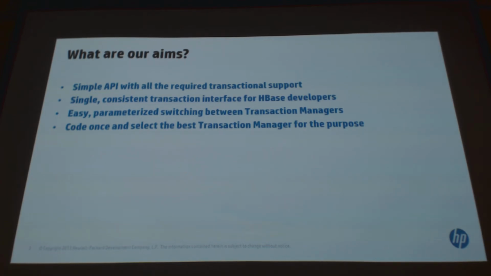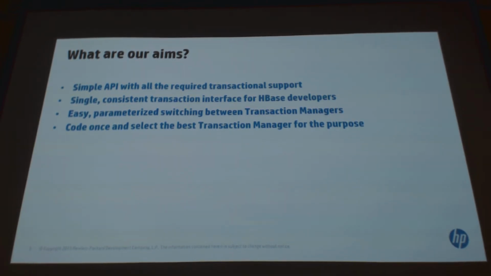So what are we aiming at with this thing? Really, we're trying to produce a simple API that will provide transactional support, fully support transactions, and it needs to be a single consistent transaction interface.